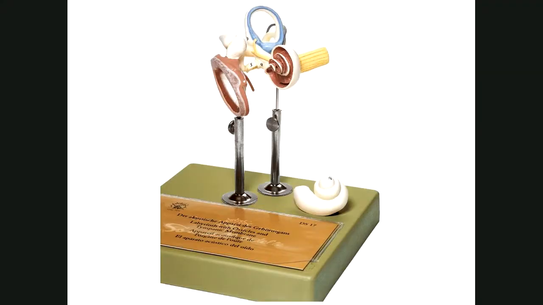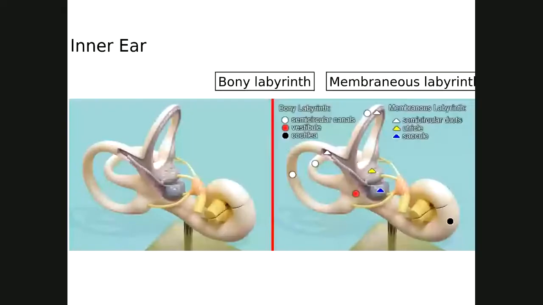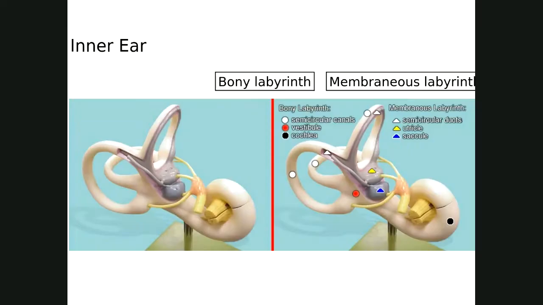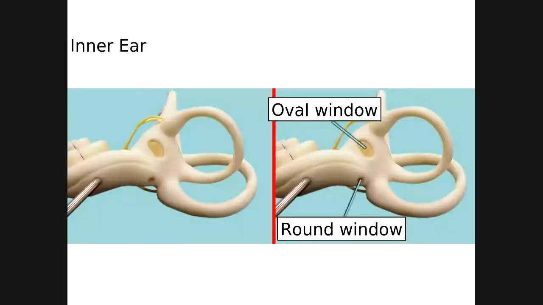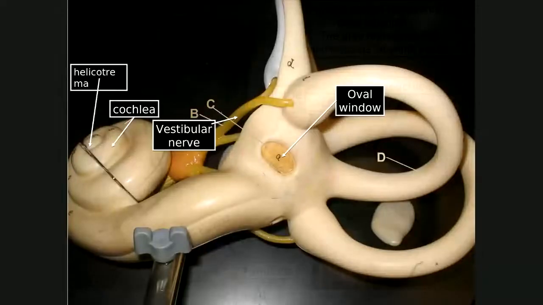The stapes is going to cover it up. So the stapes fits right there. And we can see that right here. There's where the oval window is. There's the stapes. Now the round window is not covered up by anything, and you can always see it. Any questions?